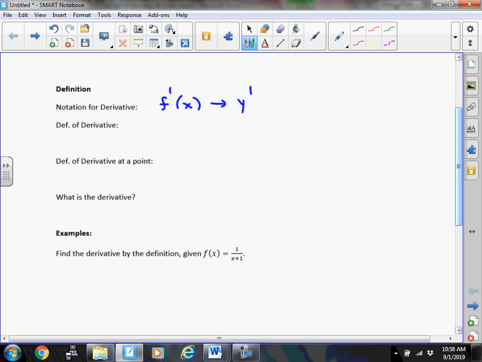Please don't go to college and call it tick. It's prime. And then the last way is we take the derivative of y with respect to x. That's how that's to be read. So it's the derivative of y with respect to x.